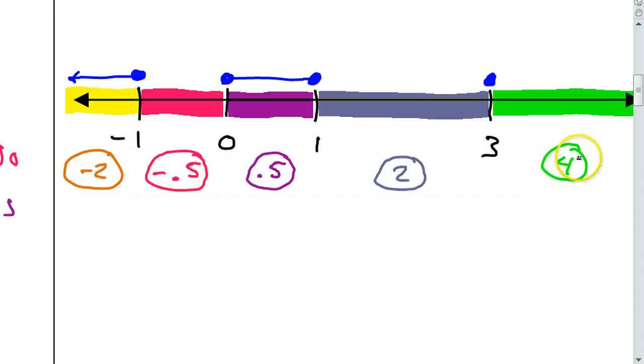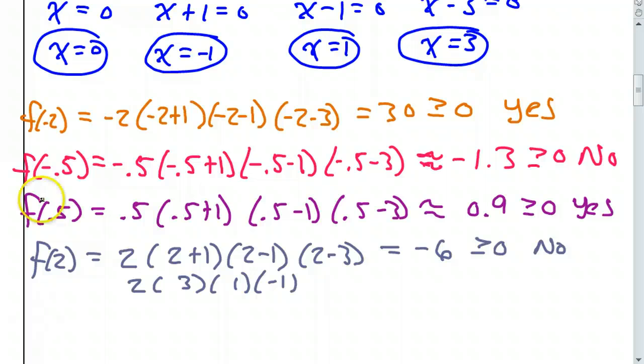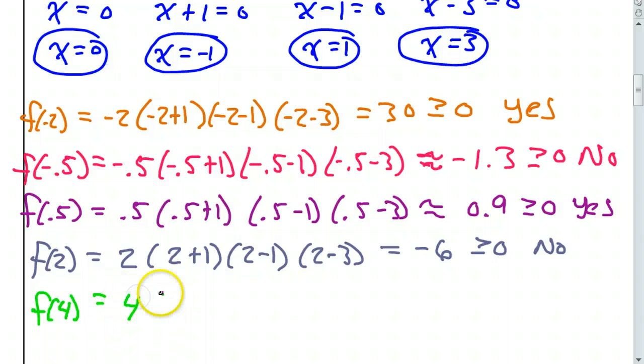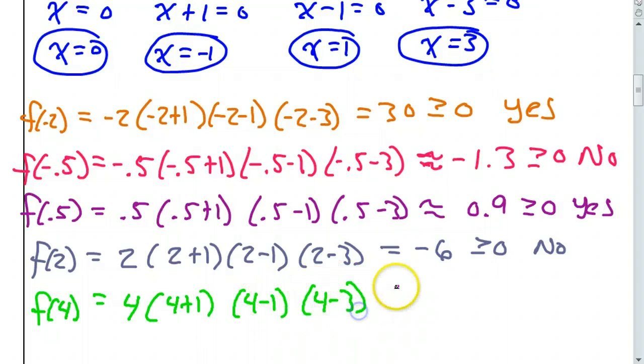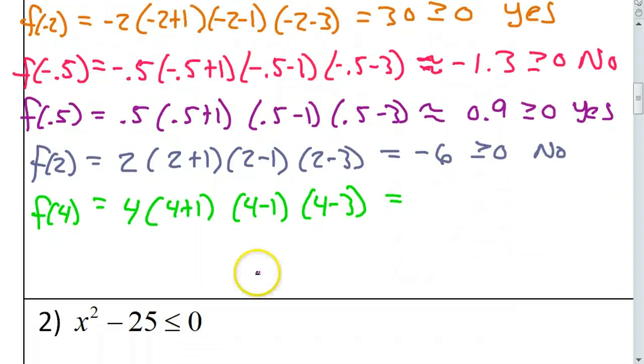So we'll just leave that blank. So let's test the green zone with the 4. Alright, so our final stop. F at 4. So this will be 4. Okay, so this would be 5 and 3 and 1.